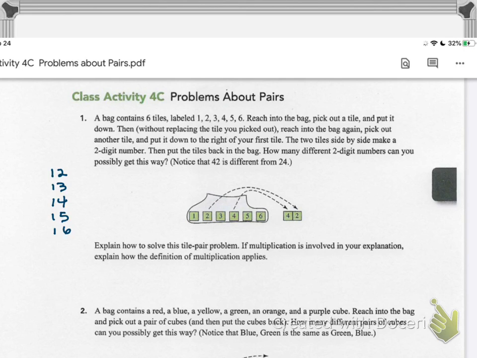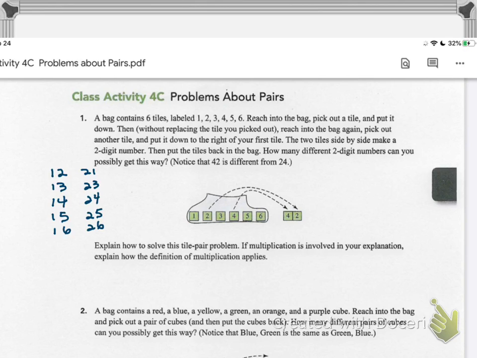Okay, it can't be a 1 because I only have one of the 1s, and remember, I have not put it back in the bag. Okay, so let's do that again with 2s. If I pick a 2, my next number could be a 1. It can't be a 2, but it could be a 3, a 4, a 5, or a 6.